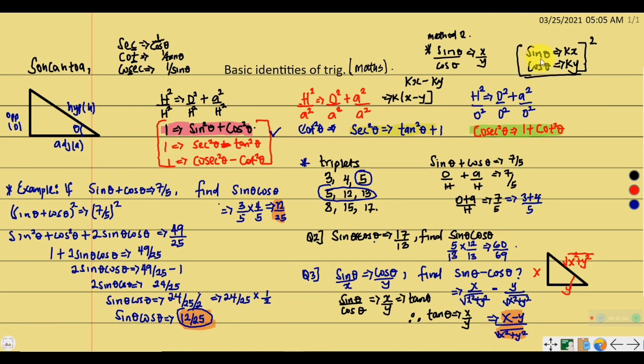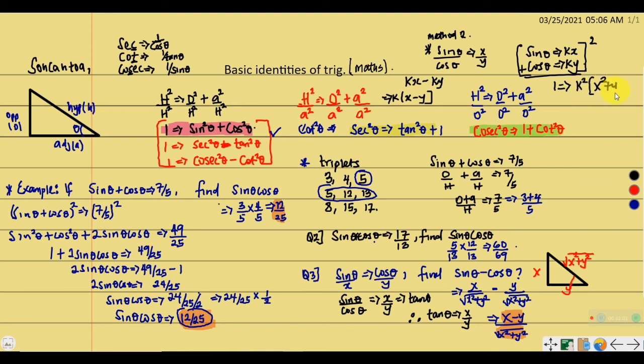So this is sine squared theta plus cos squared theta. I'm squaring both sides and I'm adding. So please follow me. Sine squared theta plus cos squared theta, everybody knows, is 1. This is now equal to, look at this, k times k is what? k squared, as you can see, and we open brackets, then we have x squared plus y squared.